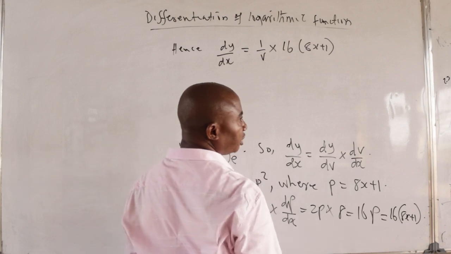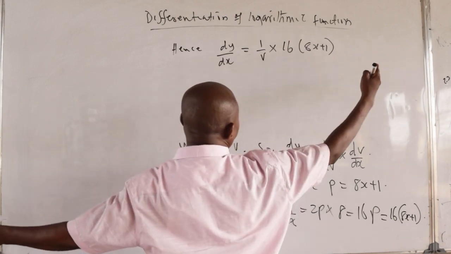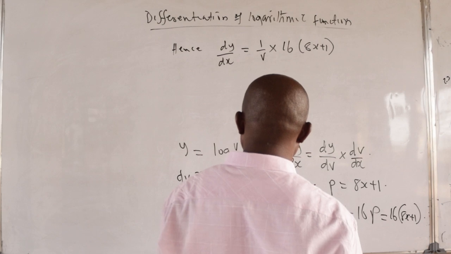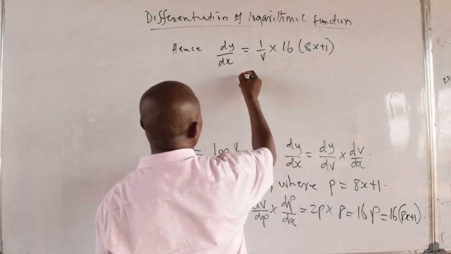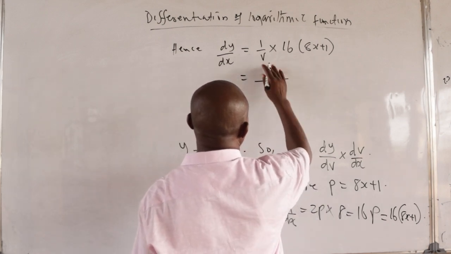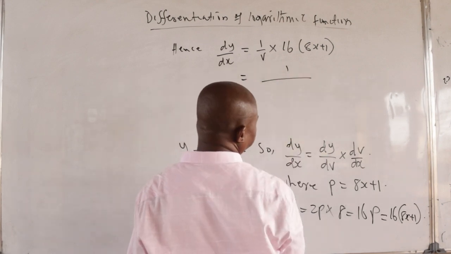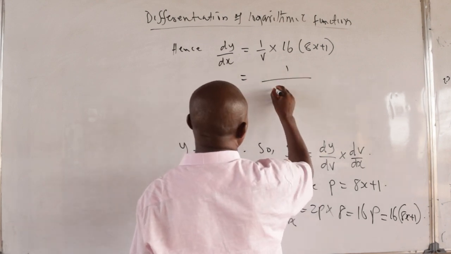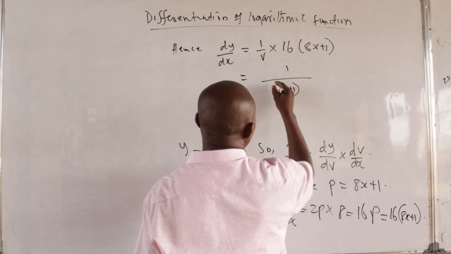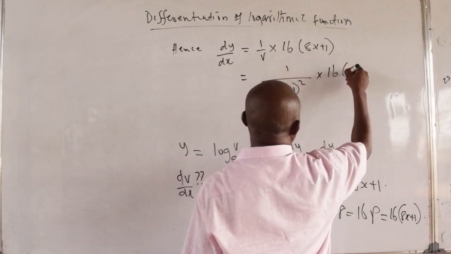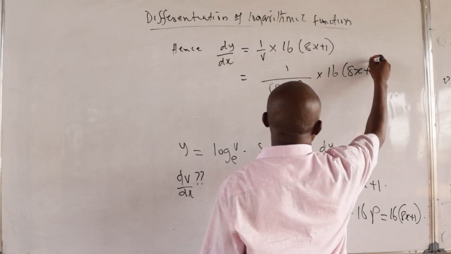If you like, you can open the bracket and then expand that, so it becomes easy for you to see. And then this is nothing but 1 divided by, who is our v? Our v is (8x plus 1) raised to the power 2. Then multiply by 16 into (8x plus 1).